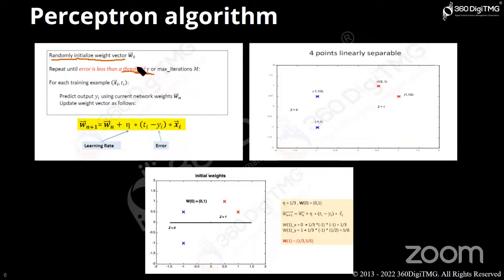We keep repeating, we keep changing the weights until the error is less than this threshold, or you have specified some maximum iterations. Maximum iterations refers to how many repeated runs you want.